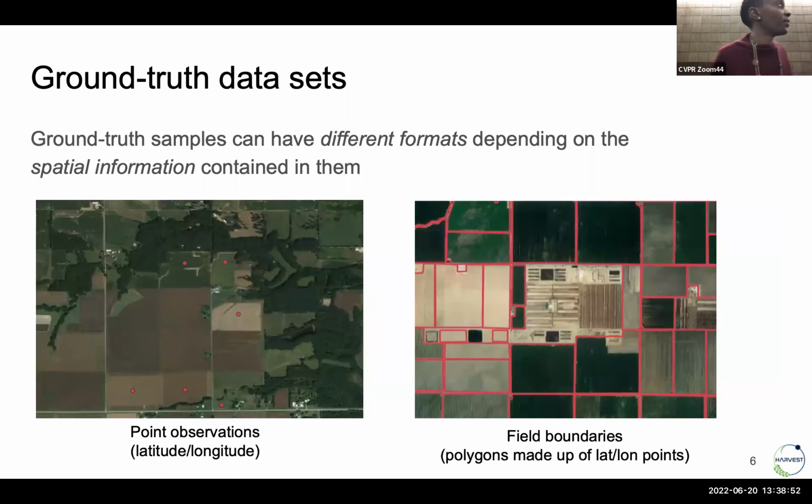So for Earth observations in the past, you'd go with a GPS, record the point, and then with the old GPS, you would have to upload the data in a GIS software and add the label into tables. And then if you want to do boundaries, you walk around the field and record that. So these are examples of the formats that you get for label data.